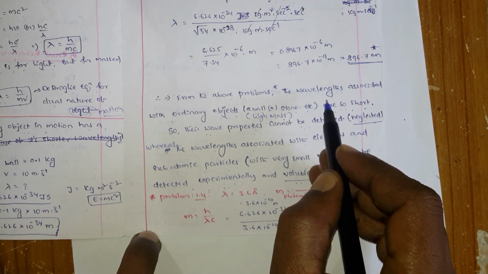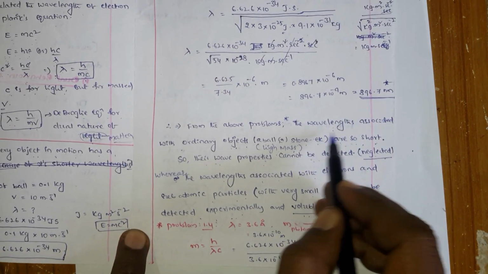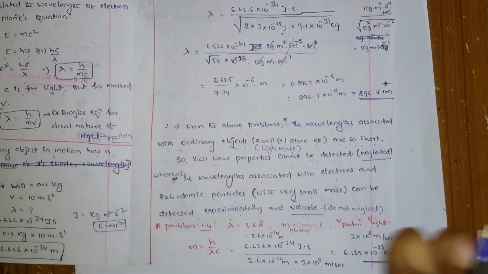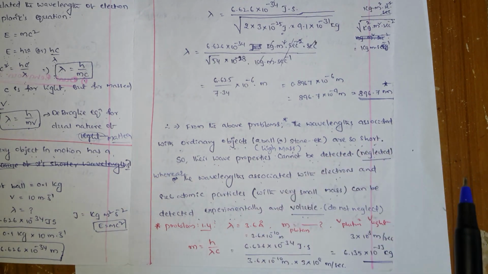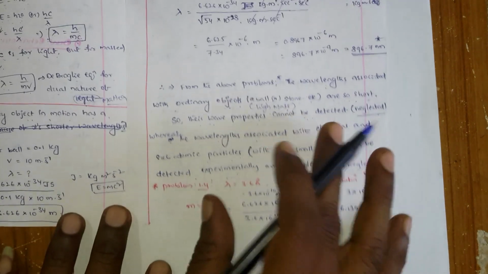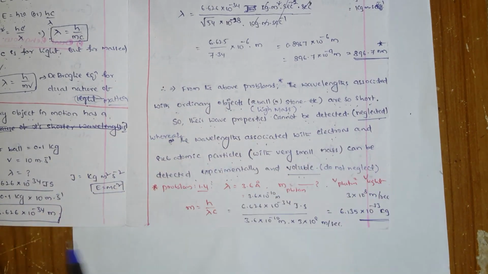When the de Broglie's equation is applied, the wavelengths associated with ordinary objects we cannot find out because those are very, very small. But come to small particles like subatomic particles, you can find the lambda values, wavelength values, and they are considerable.